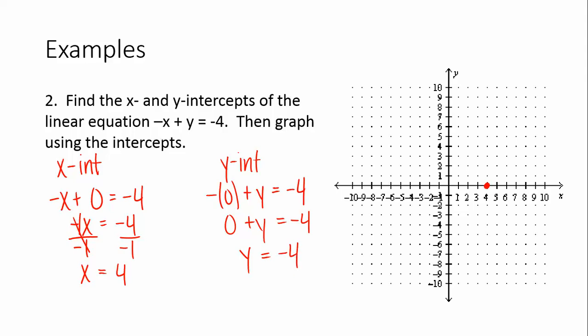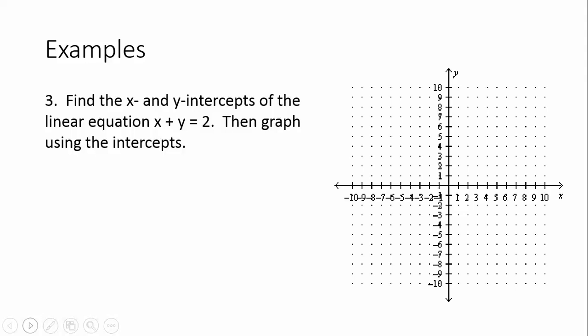So our graph is going to cross the y-axis down at negative 4. Again, we just need 2 points really to graph a line, so now we can connect our intercepts. And we see what the linear equation would look like on a graph.